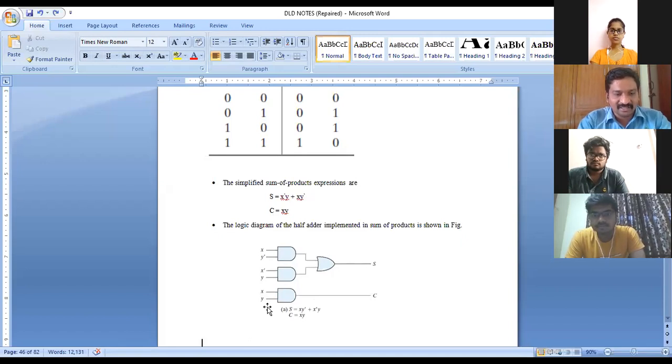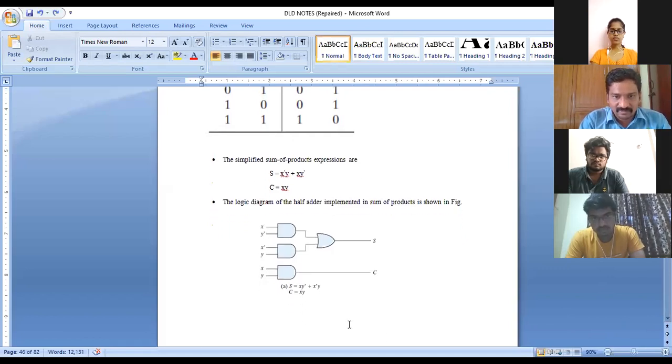I'm typing here: A XOR B. What is A XOR B? It is A dash B plus A B dash, right?